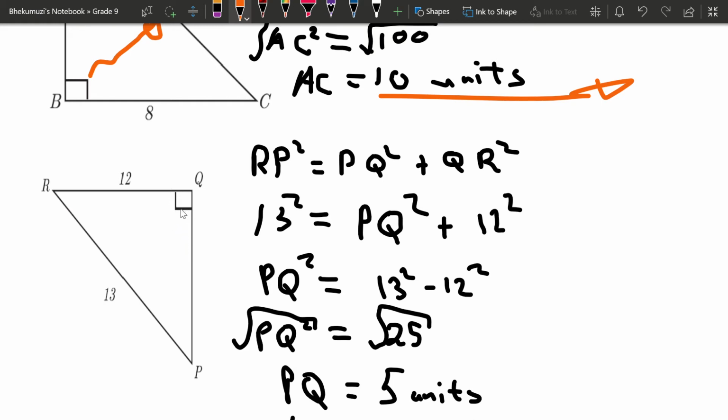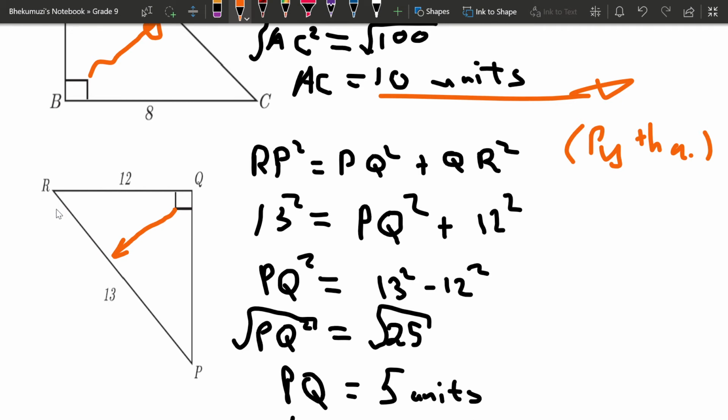As you can see, there's the right angle there, and the right angle at the corner is literally pointing at the hypotenuse. So this is the hypotenuse, which is RP. So RP is the hypotenuse, and then you have two sides, which are PQ and QR, right? And again, you write the reason that it is Pythagoras, and then you substitute your values.